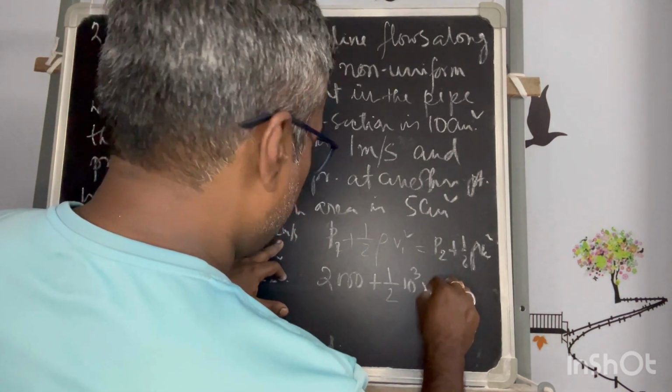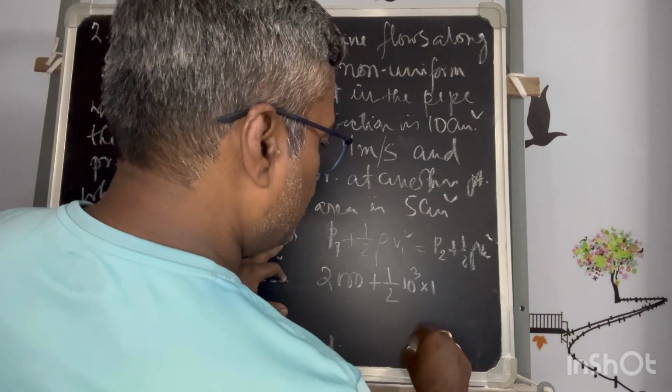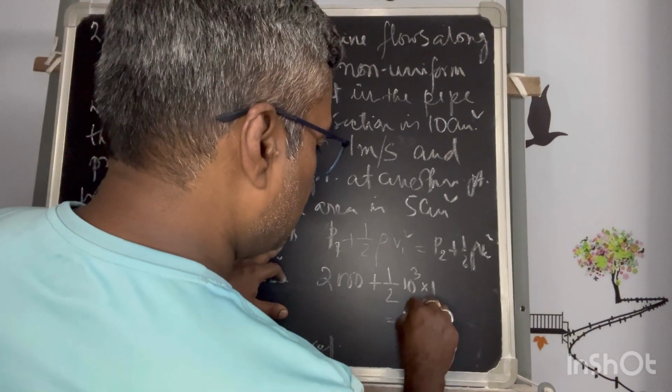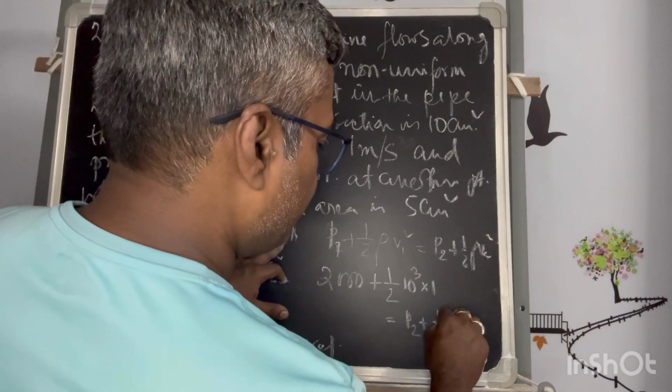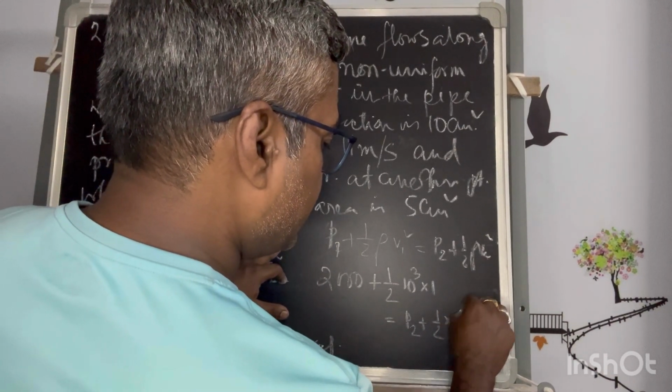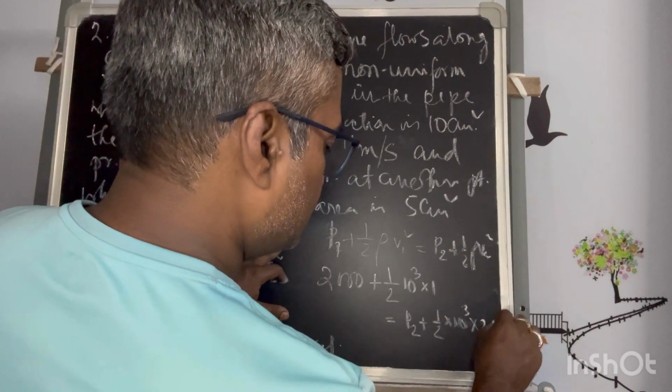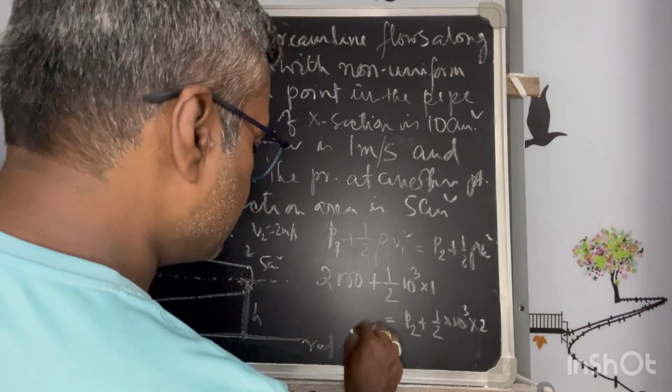Into v1 is equal to 1, that is equal to P2, which I need to find, plus half into rho, which is also the same here, and v2 is equal to 2. So what is P2 then?